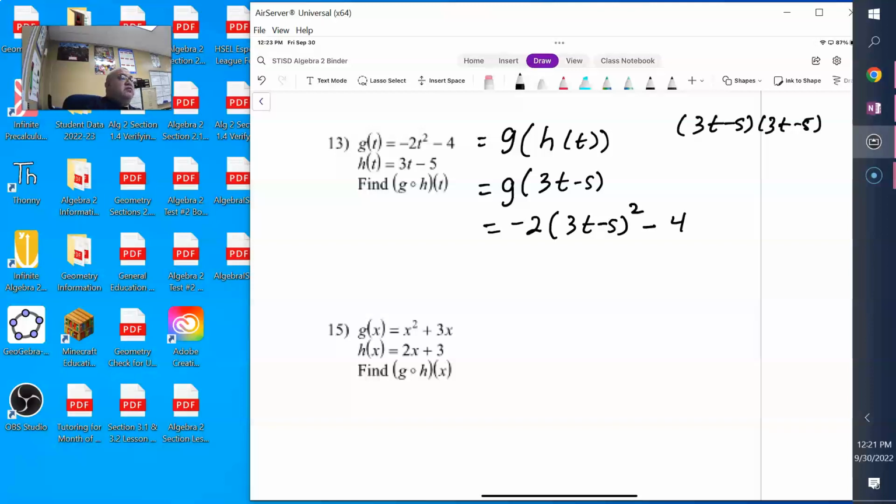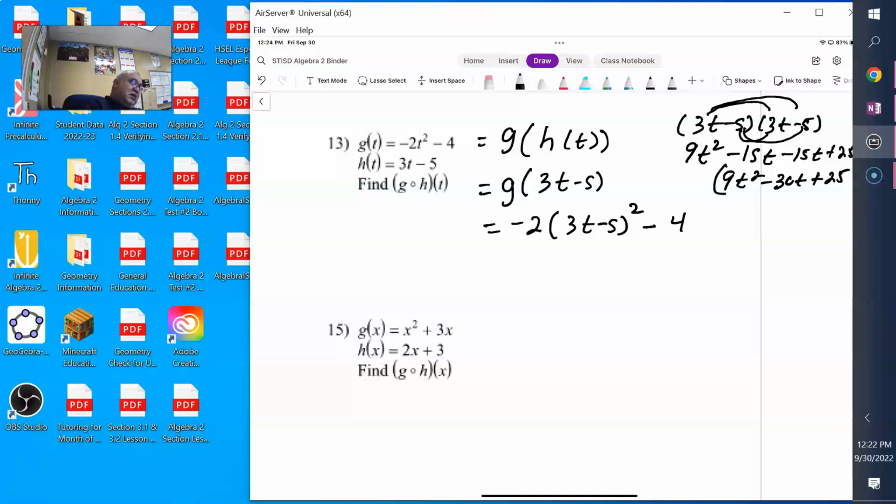You have to do the FOIL method. 3t times 3t gives you 9t squared. 3t times negative 5 gives you negative 15t. Negative 5 times 3t will give you negative 15t. Negative 5 times negative 5 is plus 25. So it's going to be 9t squared minus 30t plus 25.